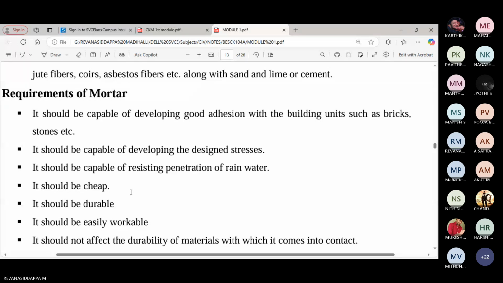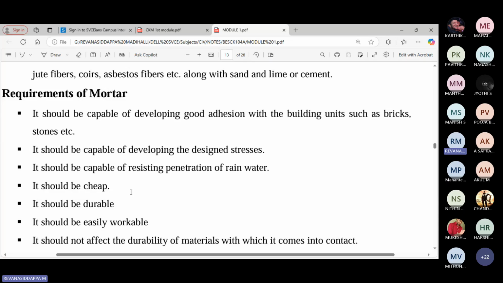Then the next important requirement is it should be cheap. Everyone looks for lesser cost, right? The cement mortar is a major constructional material which we will be using for the construction of any structure.